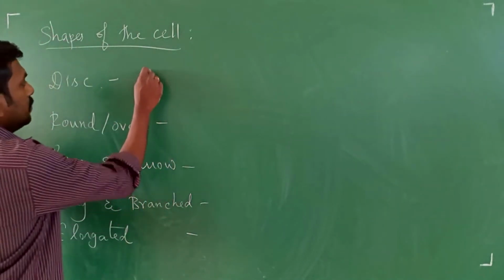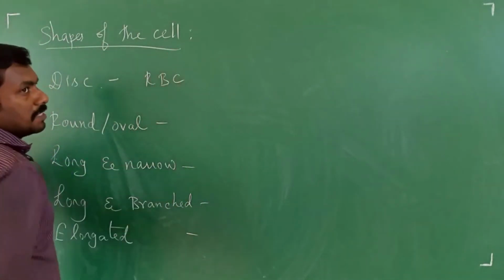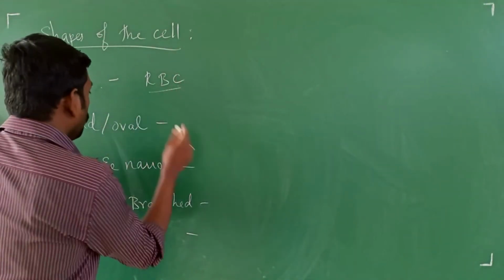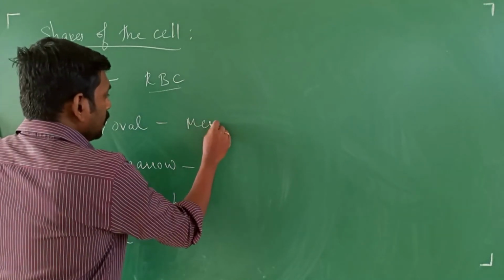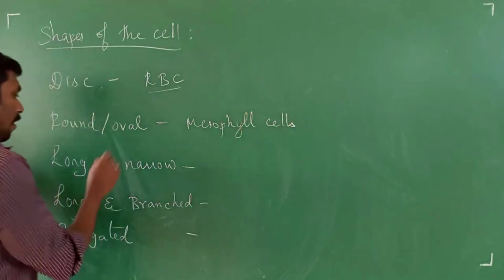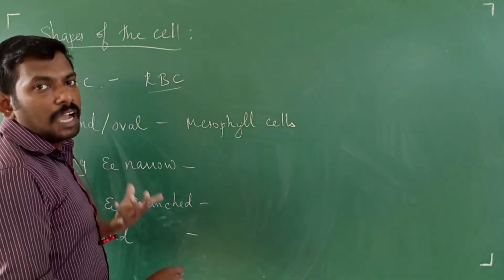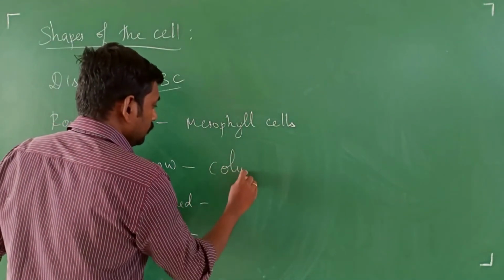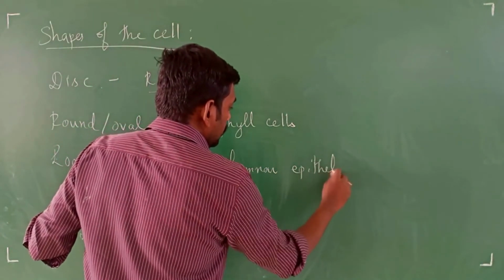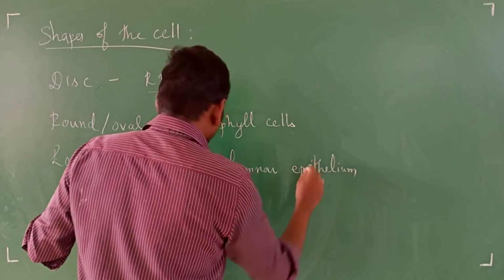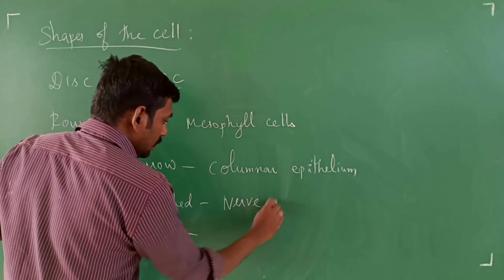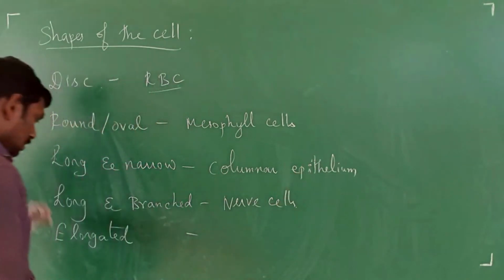Disc shape, as we know, is the RBC. Then round or oval, you will be having the mesophyll cells. Then long and narrow, you will be having the columnar epithelial cells. Then long and branched in case of the nerve cells, neurons.